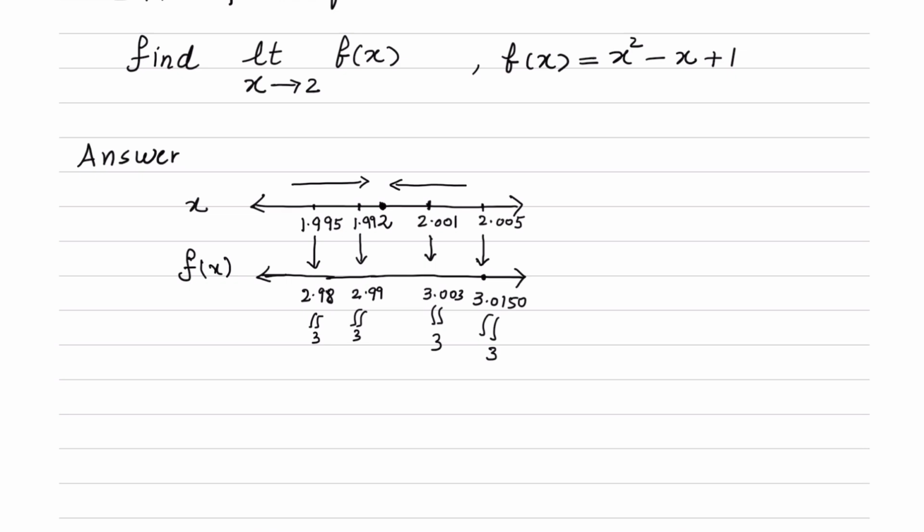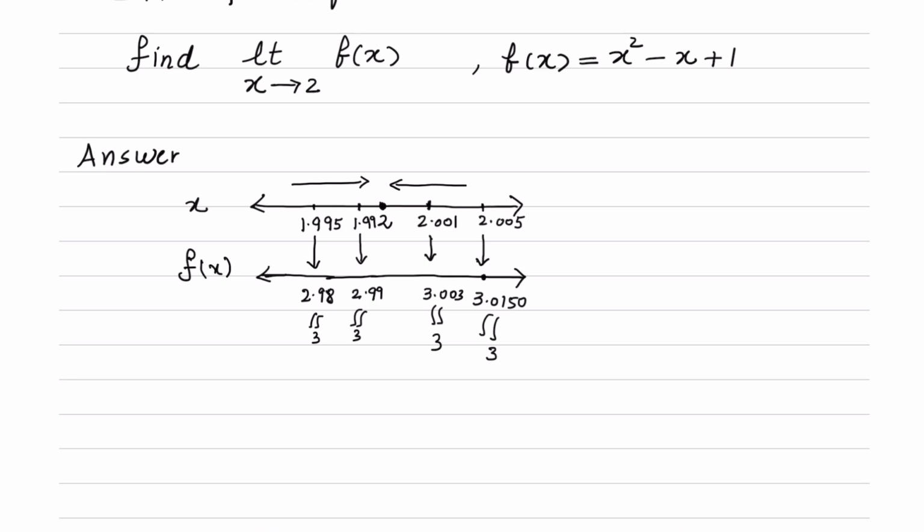Again, the concept of the limit does not say what is the value of the function exactly at 2. It asks when x values are getting closer to 2, both on the right hand side of 2 and the left hand side of 2, where does the function approach?